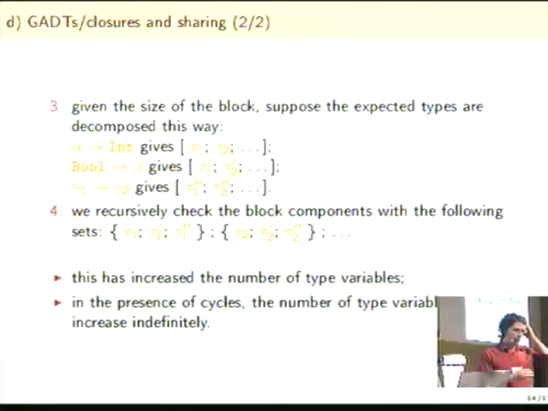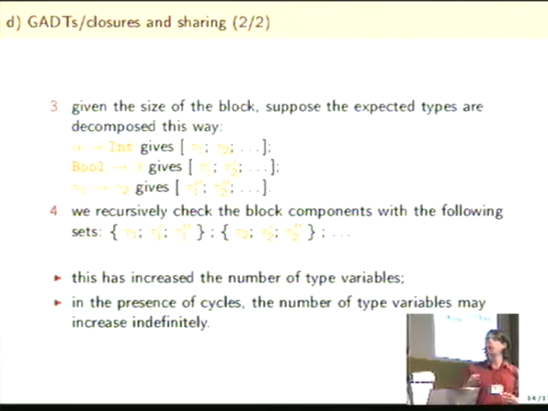So if the algorithm expects a set of types, we can decompose all the expected types and recurse on the sub-value with the set of all the expected types. And we have a small lemma showing that this is sufficient to be complete in the presence of sharing.